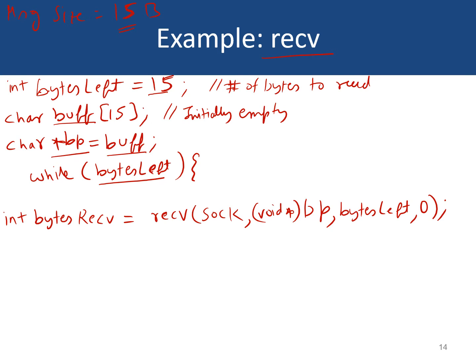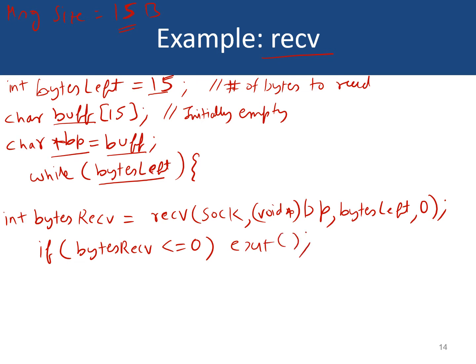Now, in the worst case, it is possible that there was some error in this reception. Recall, if there is an error, the receive function call returns -1, right? So we should first check if this return value, bytes received, is less than or equal to 0. This indicates an error, and therefore we can exit the program.